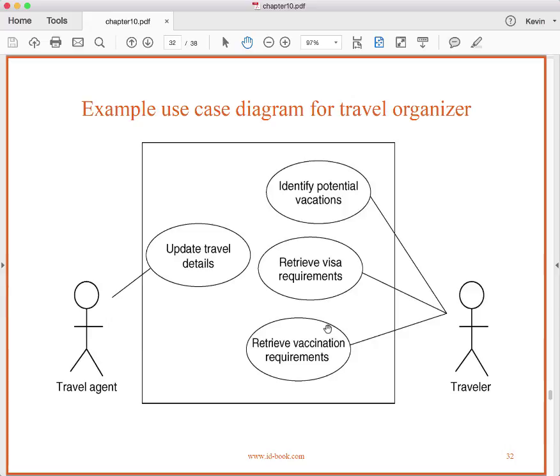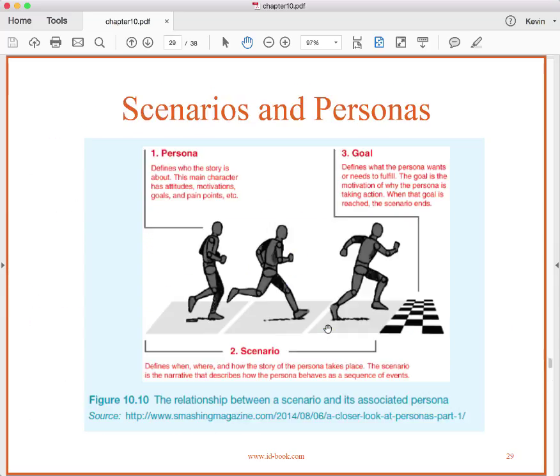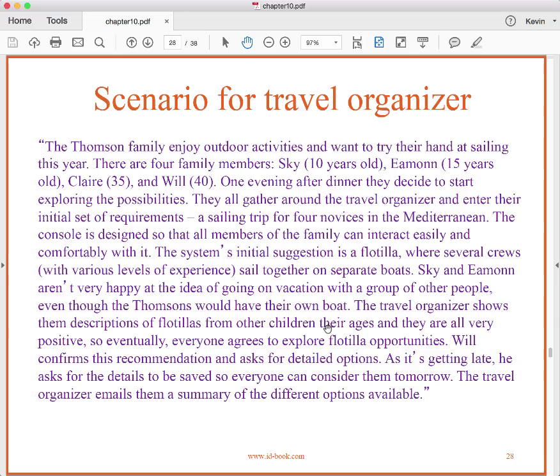Now, if we go back to our scenario and persona, our scenario is not so organized. It's not so divided up as our use case model. So to do those things, how many potential screens would we need to design?